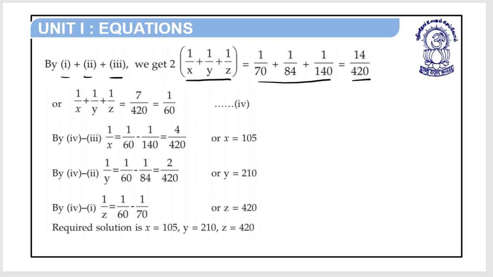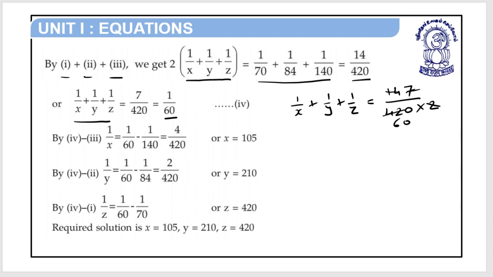So 1 upon x plus 1 upon y plus 1 upon z is equal to 14 by 420 multiplied by 1 upon 2. 2 7s are 14, 7 6s are 42, so 1 upon 60. 1 upon x plus 1 upon y plus 1 upon z is equal to 1 by 60.